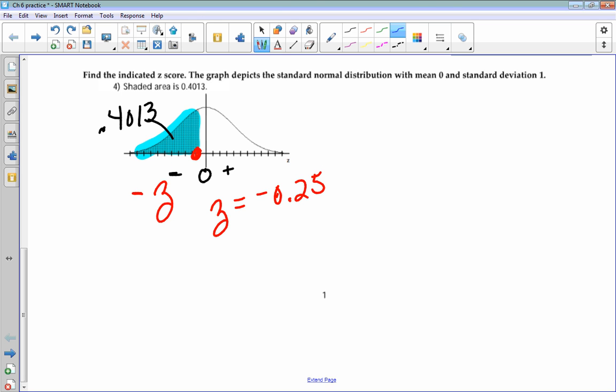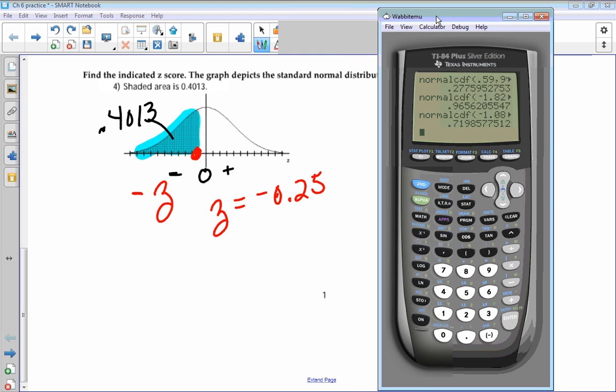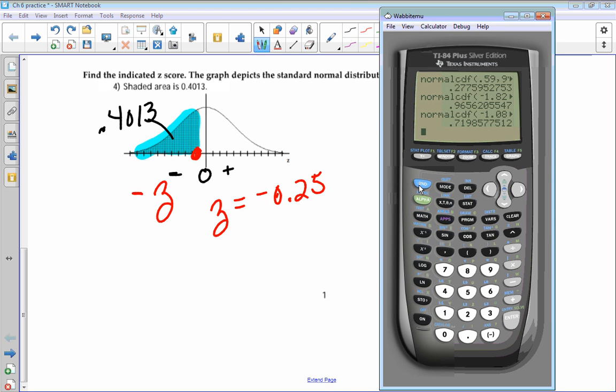Let's pull up our calculator and show you how you can do this on your calculator as well. So I'm going to do second distribution again. Well, this time I'm looking for the z-score. I'm given the area. So I'm going to cursor down to number 3, inverse of the normal curve. Here I'm going to put my area, 0.4013.